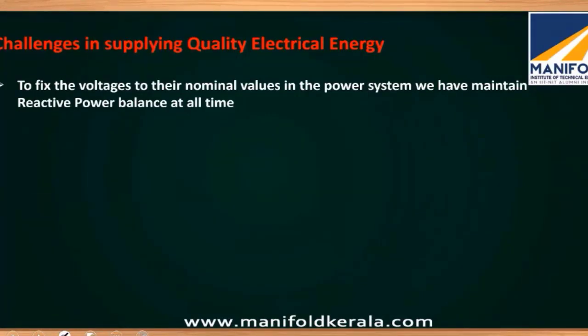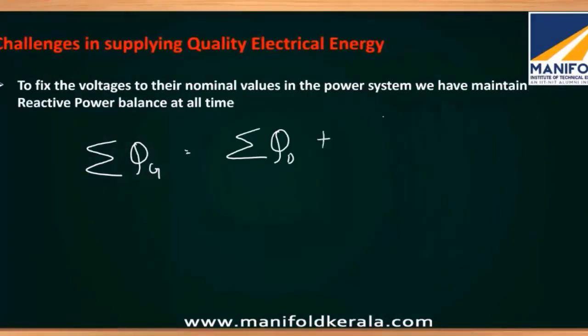Okay, so similar to real power being generated, reactive power also is generated by generators and capacitors. We'll discuss all those concepts in detail. So the total reactive power that is generated should match with the total reactive power demand of all the loads put together and reactive power losses in the power system.